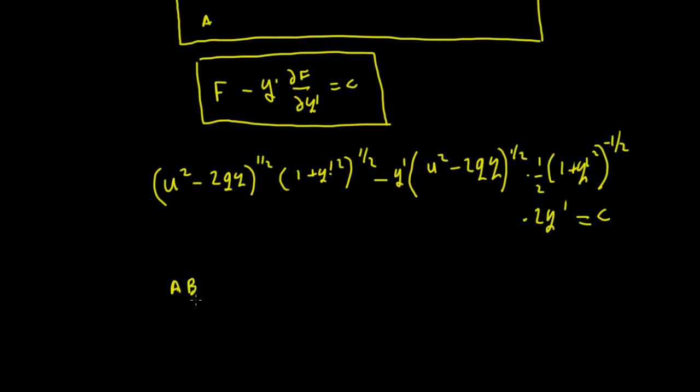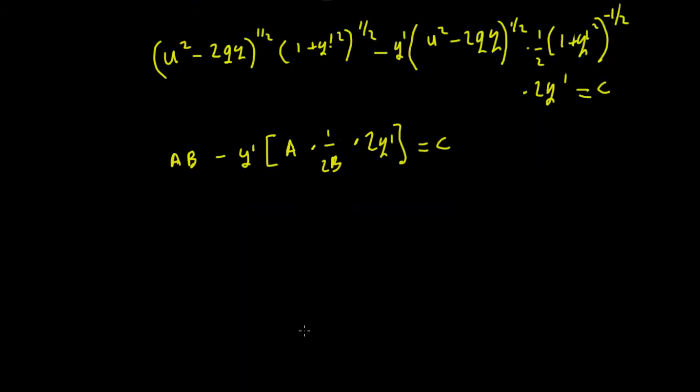So we can say that a times b minus y derivative times, well, it's going to be a for this term here times 1 upon 2, and that's b, but it's b to the minus a half, so it's equivalent to 1 upon b, so you could write that as 1 upon 2b, and that's all times 2y derivative, equals some constant c. So all we need to do is a wee bit of messing about with that.